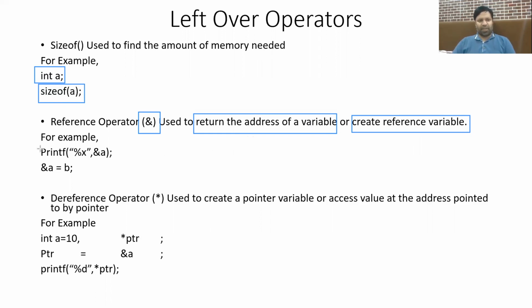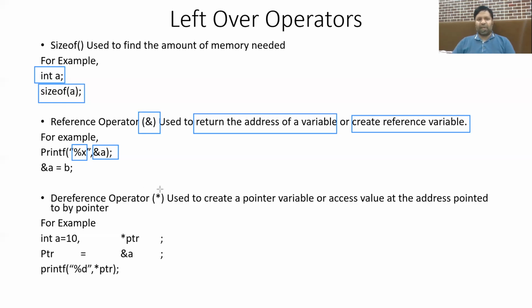In the first statement, we are trying to print the address of a. If you have int a equals 10, ampersand of a will not print the value of a, which is 10. Rather, it will print the address or the location of a where it is stored in memory. The address is represented using a hexadecimal value. That is why we are using %x.